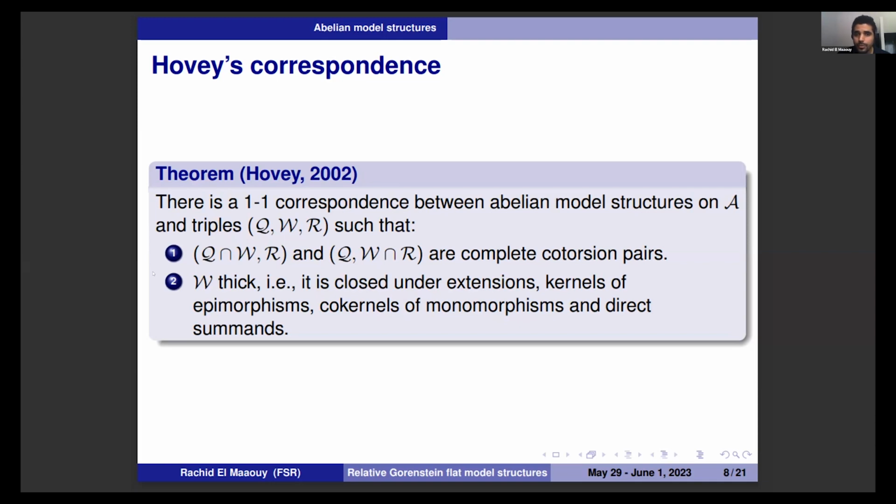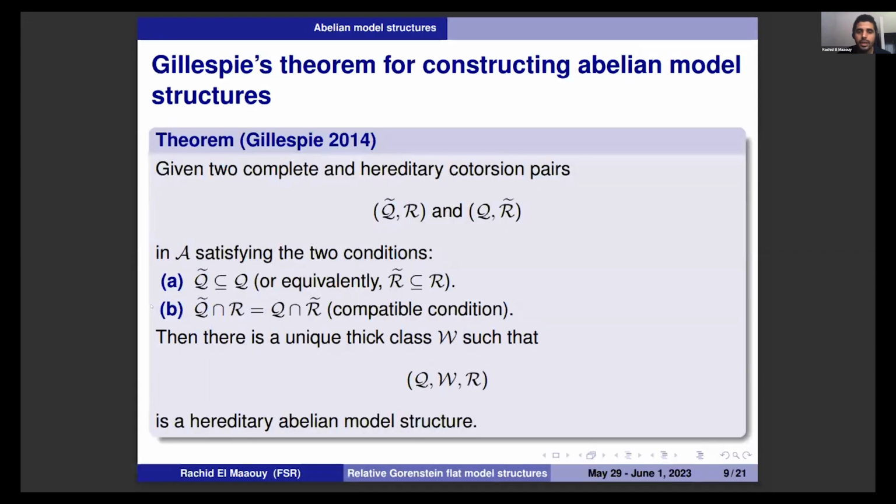So when we come to reality or real objects in practice, the difficult part is finding this class W, because in general it is not obvious. We often know the class Q, we know something about the class R, but we don't know the class W. So there is another result that we need to recall. It states that even if we don't have such a class, we can ensure its existence.